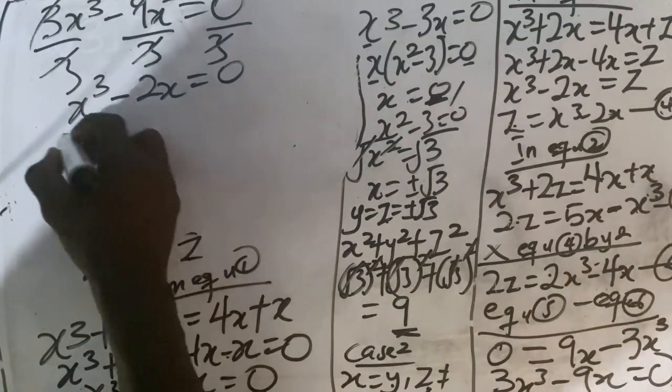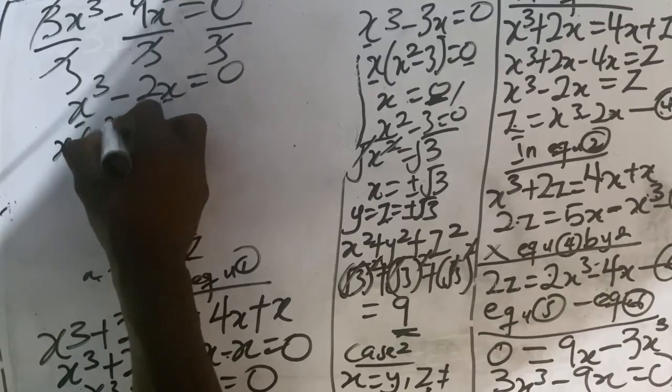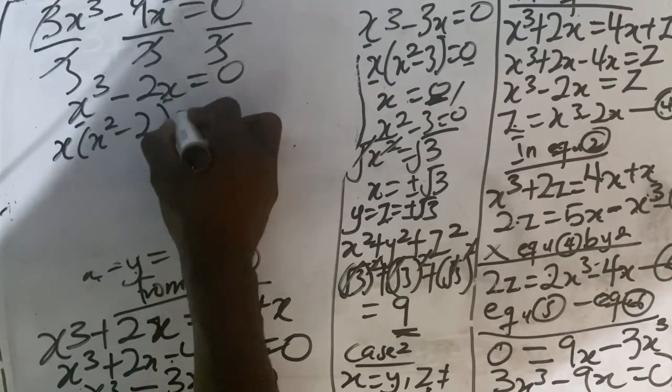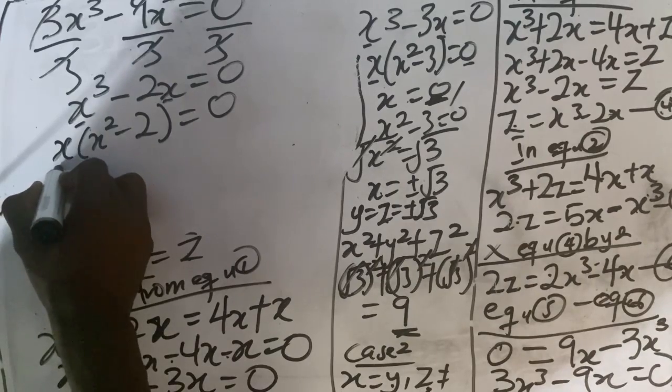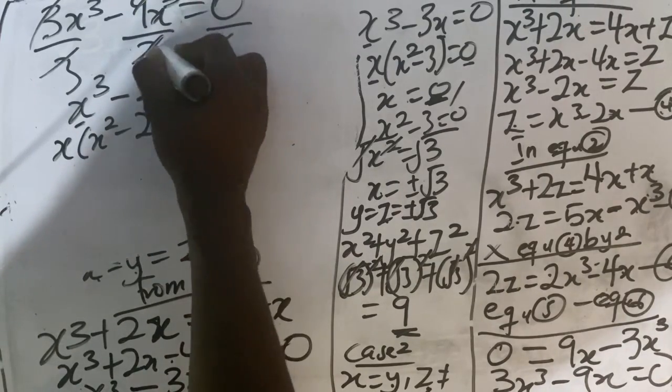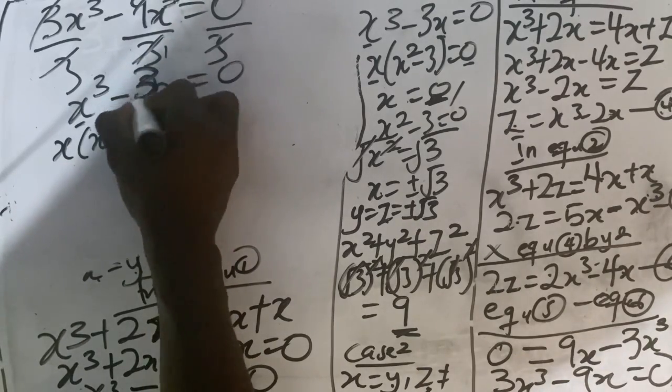How do we solve this? I have x here, I can factorize that one out, so I have x times x squared minus 3 equal to 0.